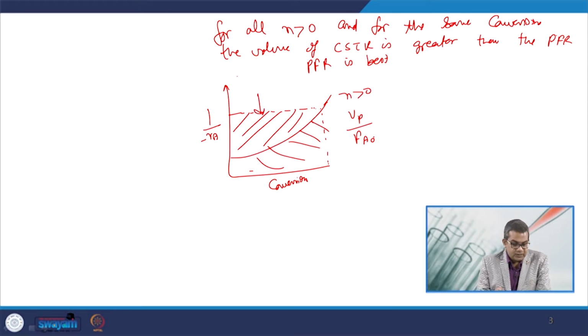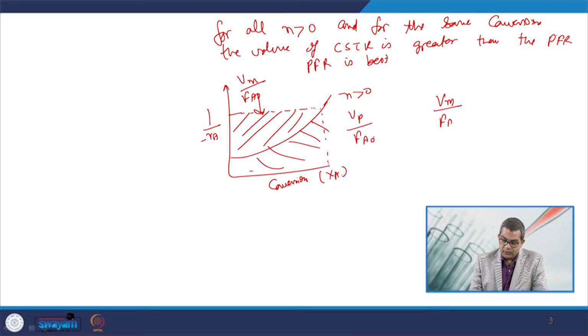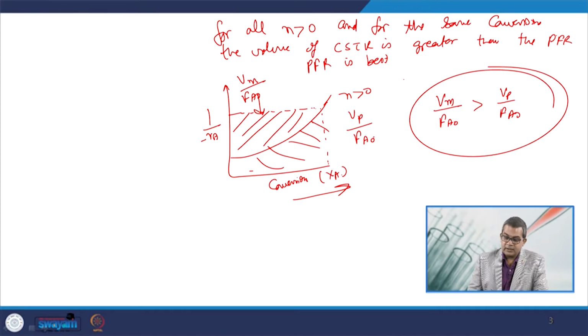So, if you look at the performance in this particular reactor system, V_m upon F_A0, where F_A0 is the initial feed rate, is greater than V_p upon F_A0, and that is why it is said that the PFR is the best one.